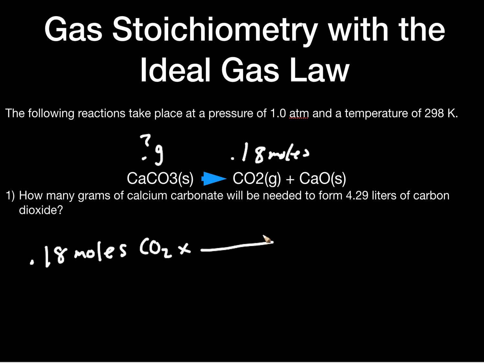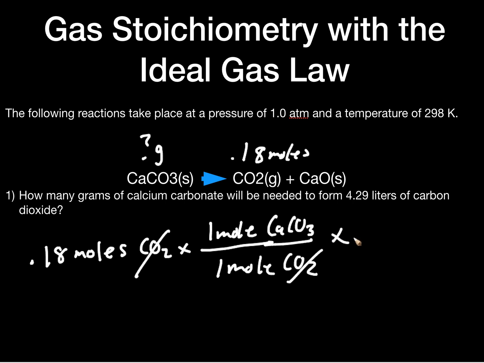Since we're in moles, right, our easy pass station, we want to go ahead and go over the bridge, so we need our mole ratio. So it'll be 1 mole of CaCO3 all over 1 mole of CO2. Moles of CO2 are gone. We want to calculate the molar mass of CaCO3.